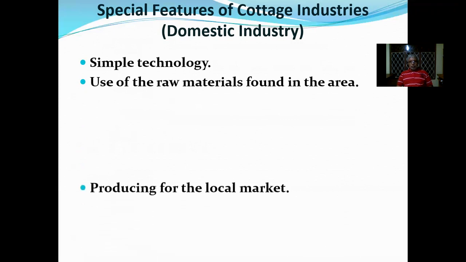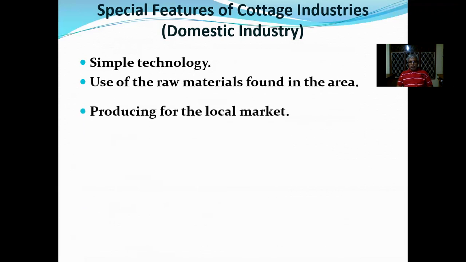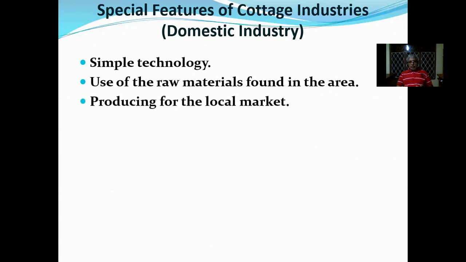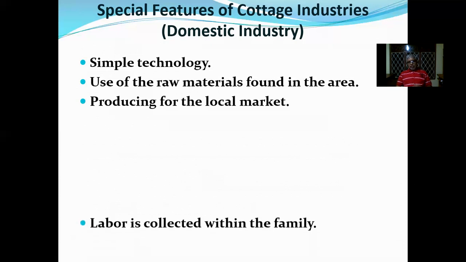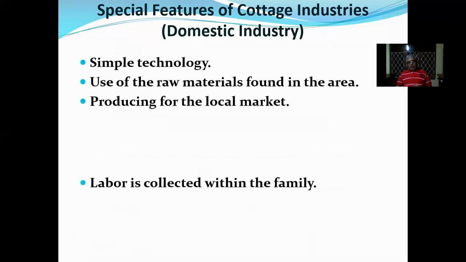Next one, producing for the local market. I told you at the beginning, they are not sent to other countries. Mainly these items are sold in nearby markets or shops or village fair or nearby city, like that. Then labor is collected within the family.